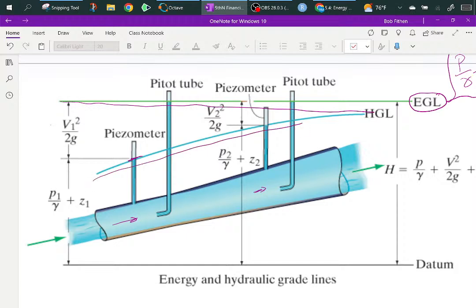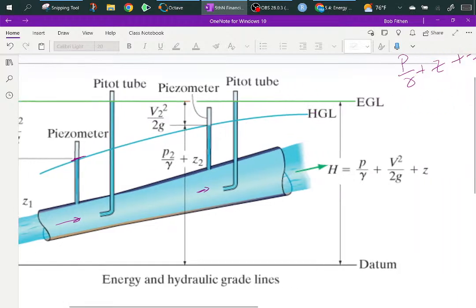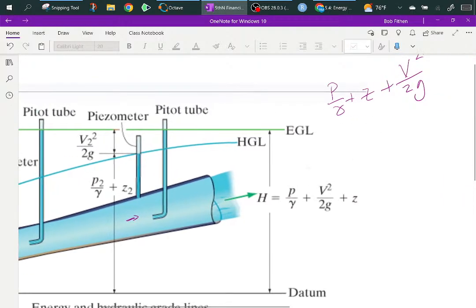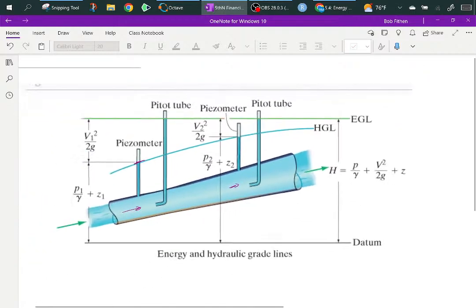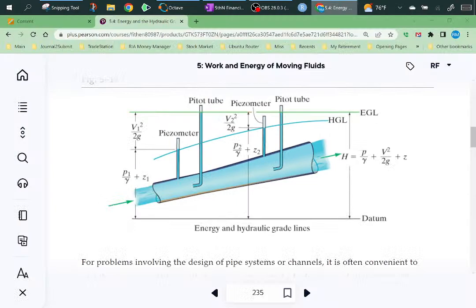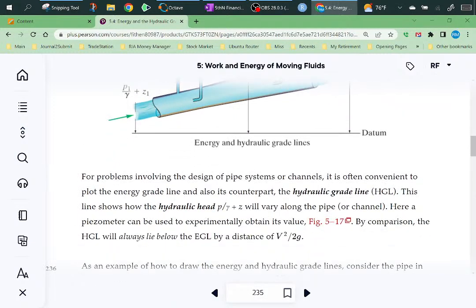Your hydraulic grade line will be down a little bit. And so essentially, the real world is that energy grade line is not constant. And that'll be the point of the later chapter. So in essence, that's all it is.